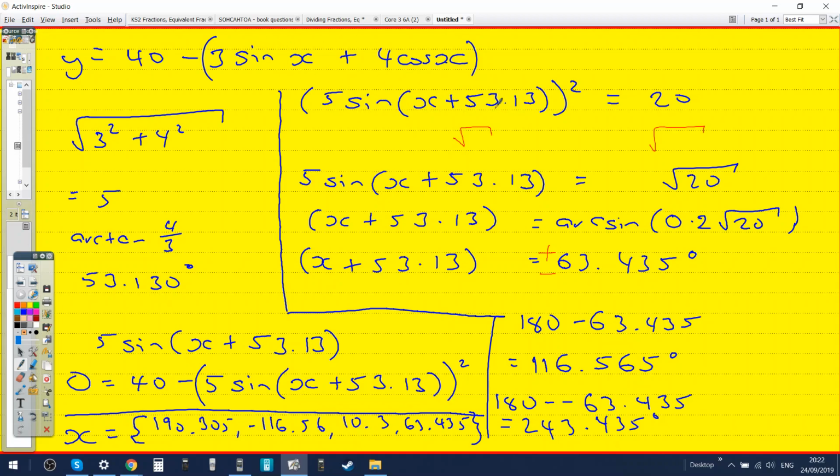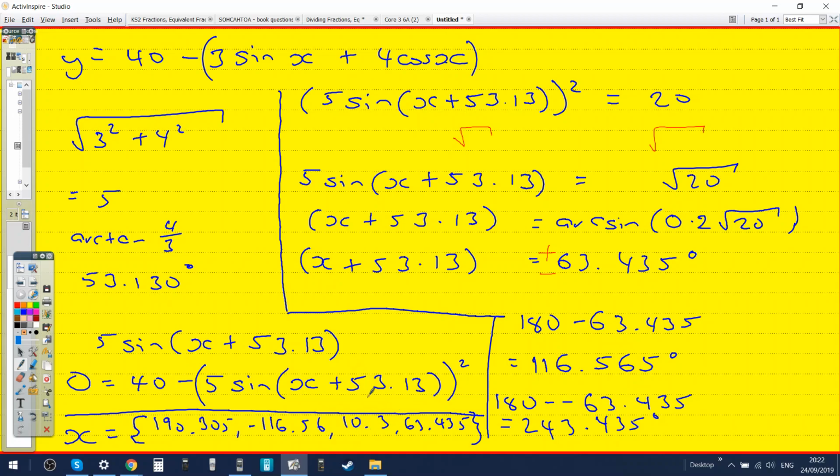It's just sine. So now you can solve it slowly but surely from the outside in. Square root both sides, don't forget the plus or minus. Divide both sides by 5. Arc sine both sides. And after you do arc sine, arc cos, or arc tan, get all of your answers, and then subtract 53.13 from all of them. Because if you had done that at the start, you would have gotten that 10.3 thing.